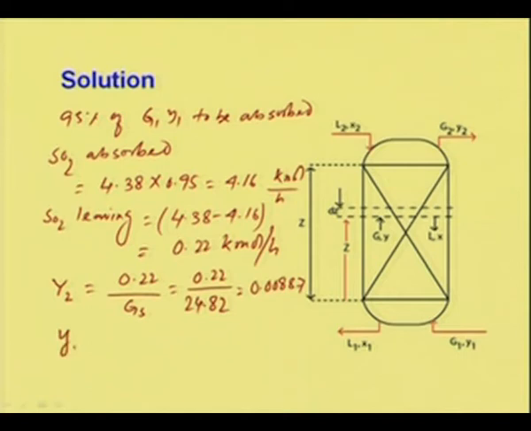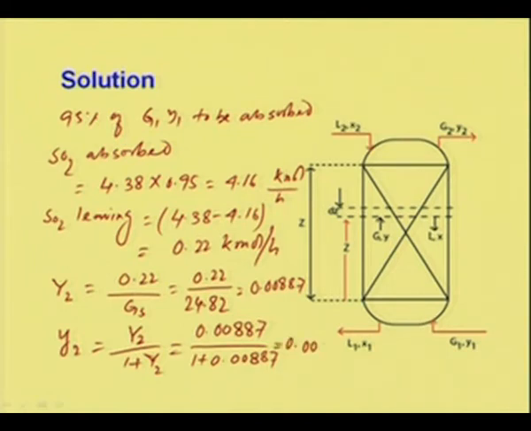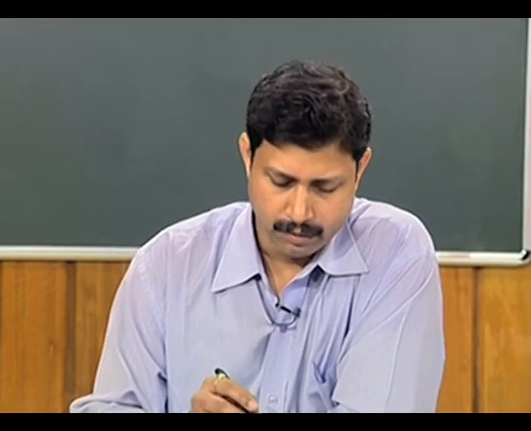And we can calculate small y2 as capital Y2 by 1 plus capital Y2, which is equal to 0.00887 divided by 1 plus 0.00887, which is equal to 0.088.